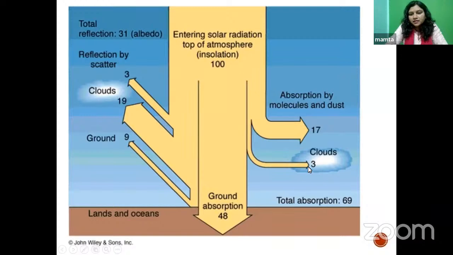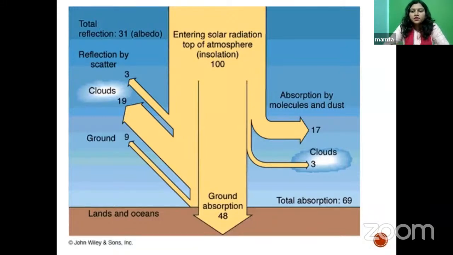Others are absorbed by the atmosphere, like 17% absorbed by oxygen and ozone, different water vapor and different types of particles present in the atmosphere, and 3% absorbed by the clouds.